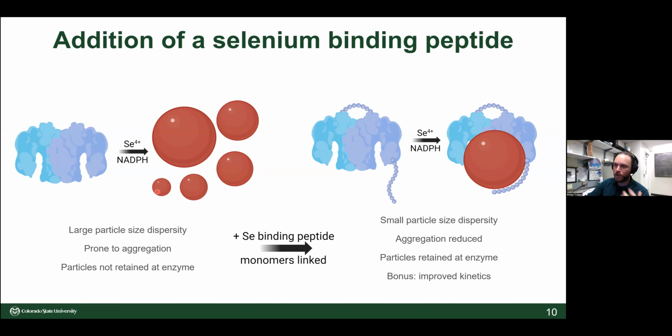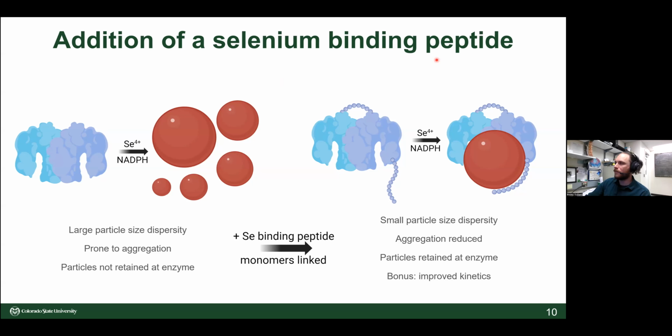But the smaller particles, yeah, we want the smaller size that's still going to be plenty electron dense for easy identification in electron micrographs. These particles were prone to aggregation, partially due to them not being retained at the enzyme because it's not really anything holding them there necessarily.